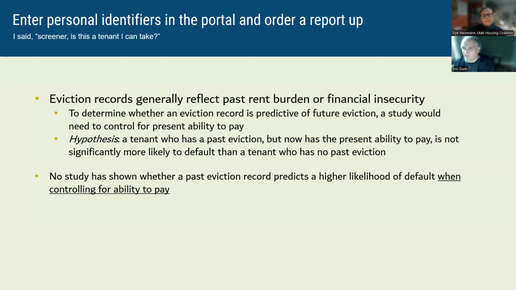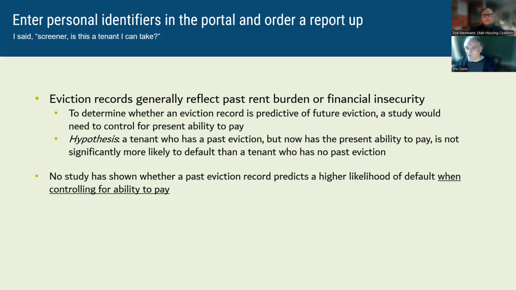And so I think it's fair to say, and I think this is pretty non-controversial, that eviction records generally reflect financial insecurity, that people don't have enough money to afford their housing and still have money left over to save and be prepared if there's some kind of rainy day. And so if you really wanted to study whether having an eviction record is predictive of whether somebody's going to default on a lease, you need to control for whether they have the present ability to pay.